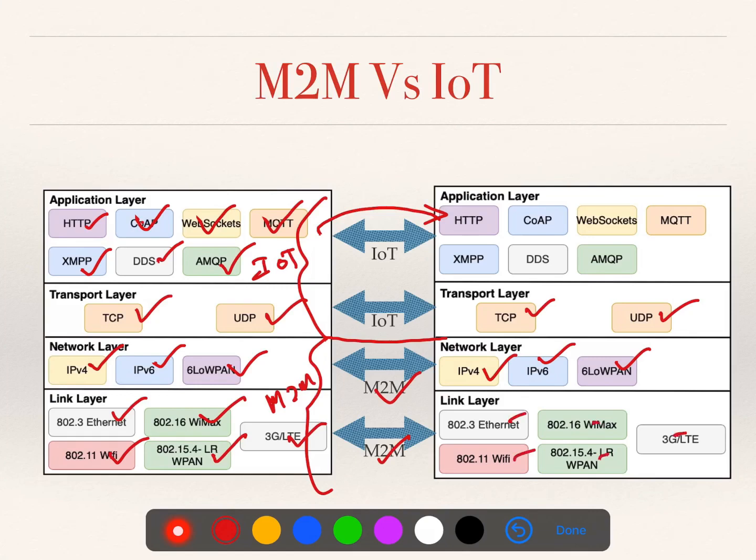So with this difference between M2M and IoT, we are able to control any machine sitting at a remote location, whether from the top layer or the bottom layer. For example, some time back I went to an automotive industry to give training to their employees. I learned from them that the machines are produced in Germany, and when the machines are delivered to India, if any issues happen, the data is stored locally on board in the machine.